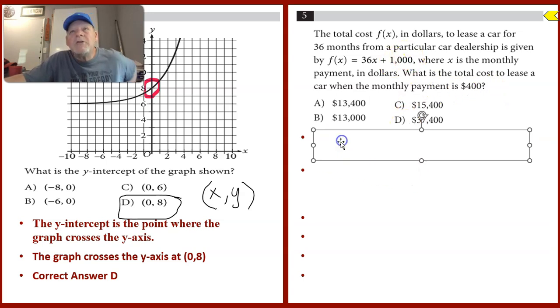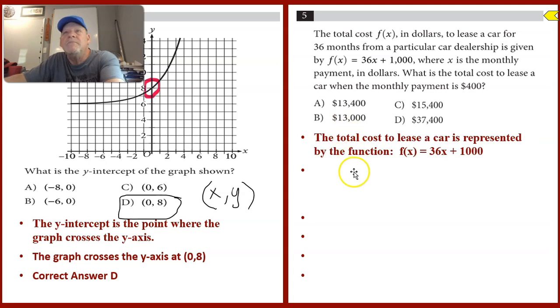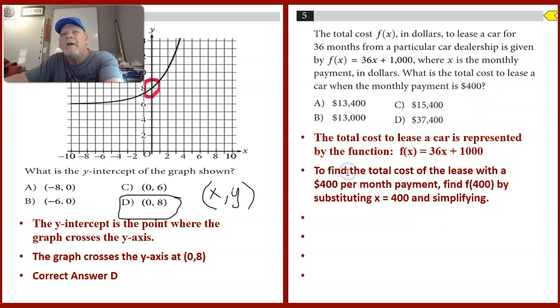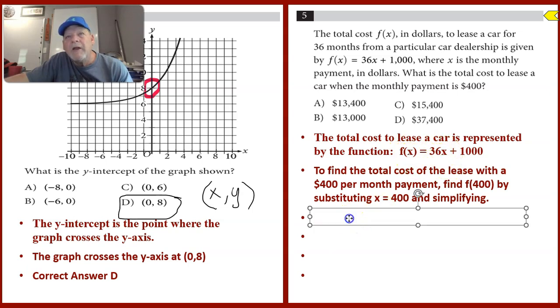So we just have to use the equation in function form. Since we want to know what happens at 400, we're going to find f of 400. All that means is you're going to replace the x and say it's equal to 400.